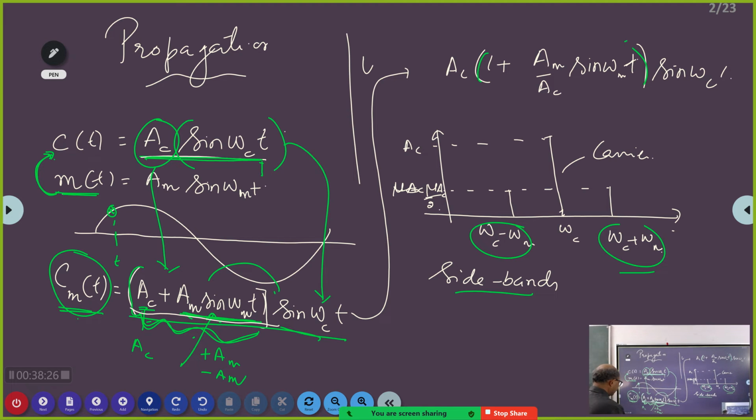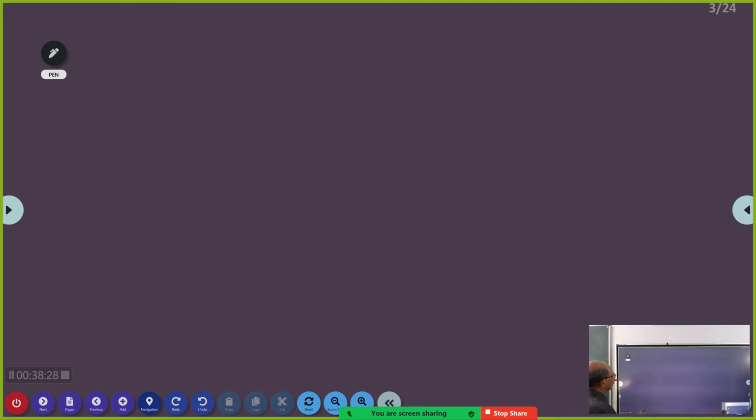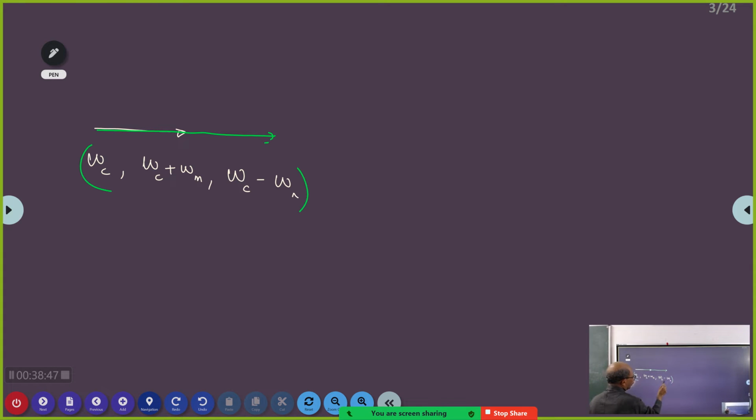See, what I mean is, now that you have got a modulated signal coming here. This modulated signal has got 3 components: omega c, omega c plus omega m, and omega c minus omega m. Correct? So this modulated signal has got these 3 components.